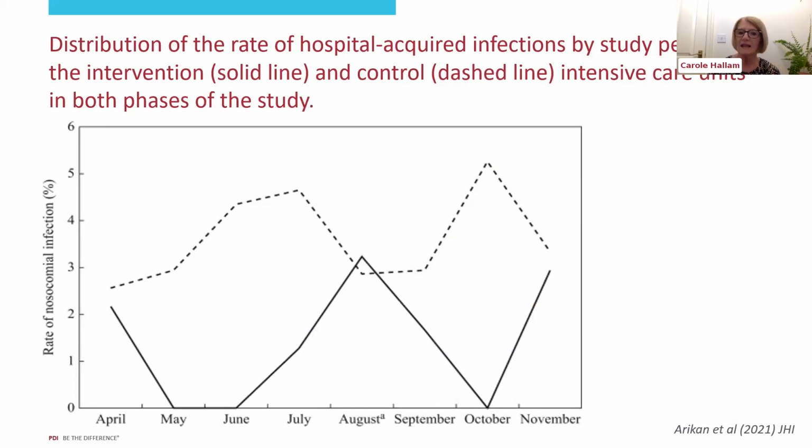The solid line is the interventional intensive care unit. You can see the first couple of months, that significant drop in cases, then it rises again as the units are turned off, and then as they swap over units, you can see it decreases again, and the dashed line is the control.